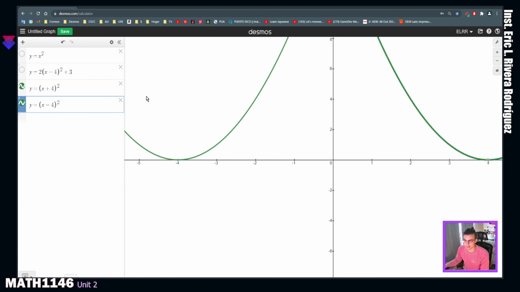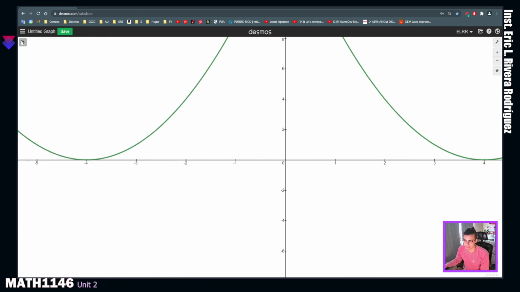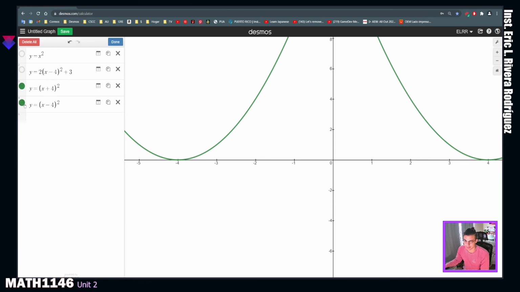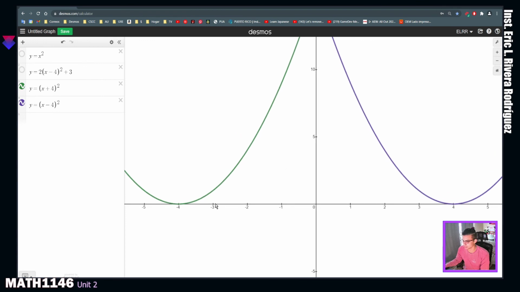And the other one is going to be purple. So you are seeing here two graphs. Both are square functions. One has a transformation of +4 in the input group, and that is the green one, and it goes to the left.